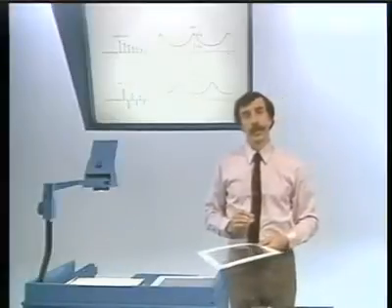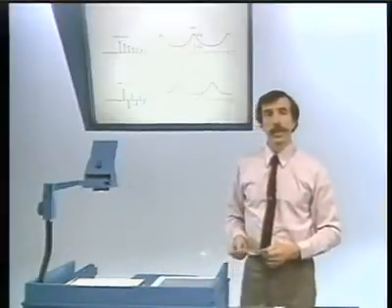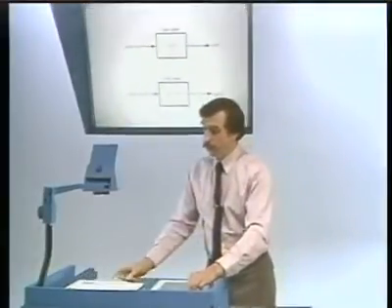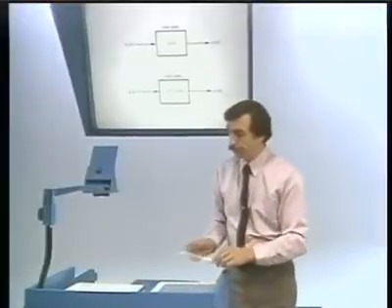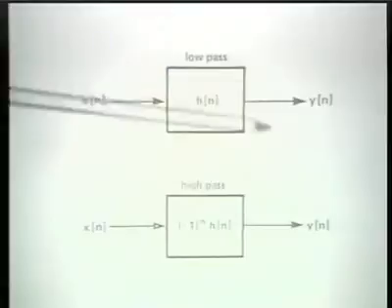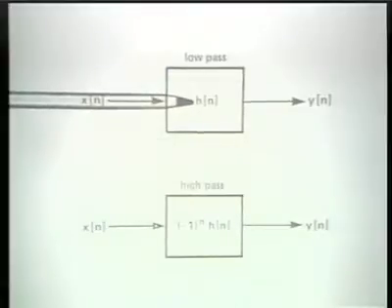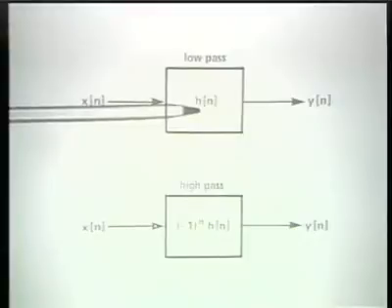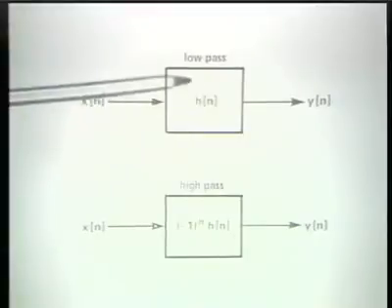Now, it's interesting that what that says is that if we have a system which corresponds to a low-pass filter, as I indicate here, with an impulse response h of n, and it can be any approximation to a low-pass filter and even an ideal low-pass filter.